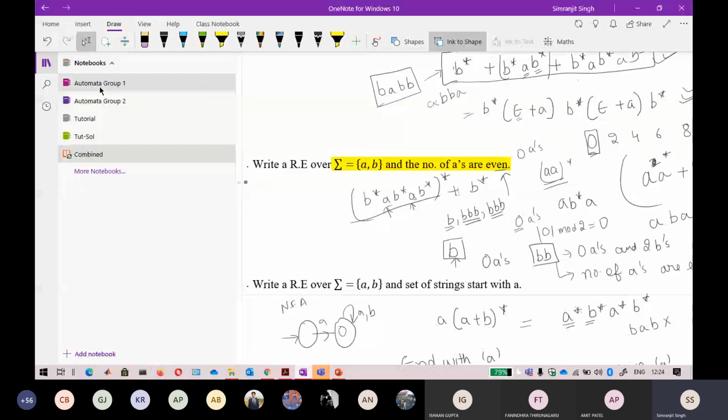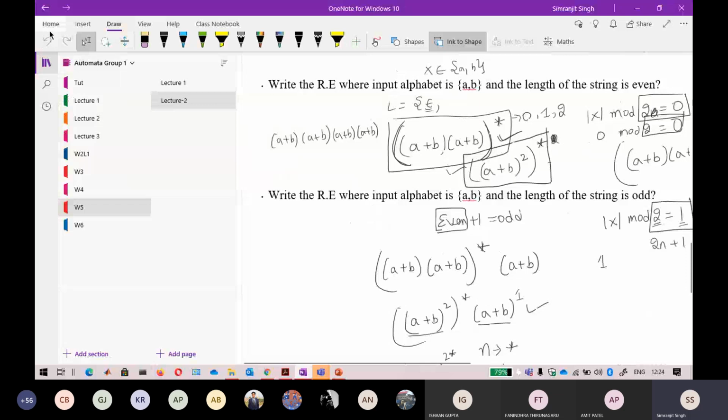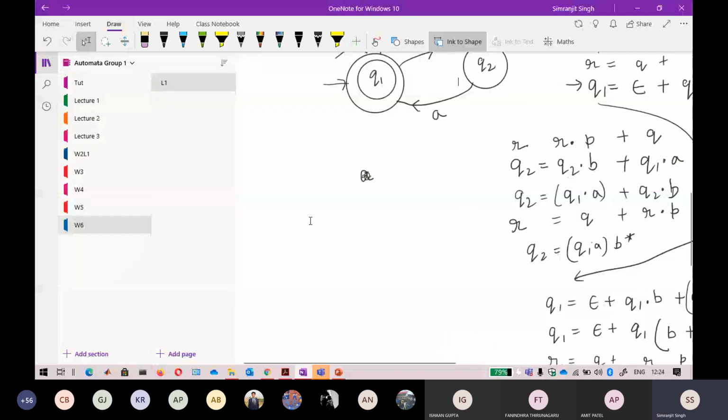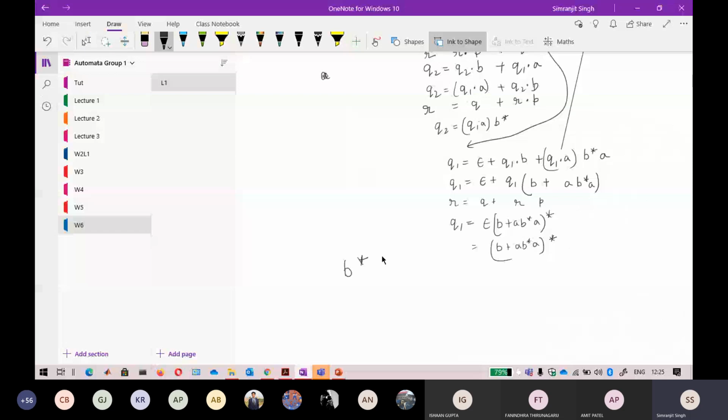Now I copy and paste that expression here. The expression written there was B star followed by a, followed by a B star, followed by a, followed by a B star, and then any number of B's can come. That expression is completely different from this expression.